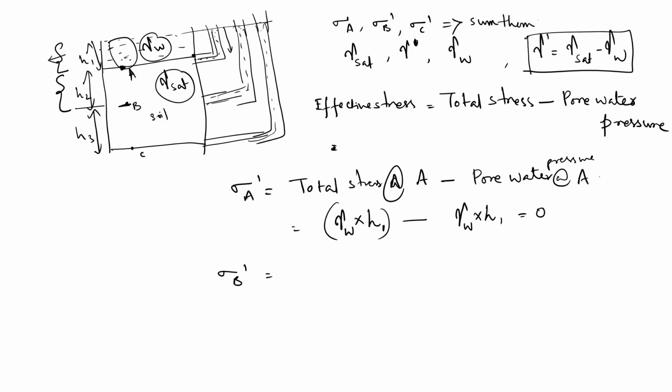How to take total weight of the water here? Again same, gamma W into H1, plus the soil column of height H2, whose unit weight is gamma sat. To calculate the total stress you need to take gamma sat into H2.